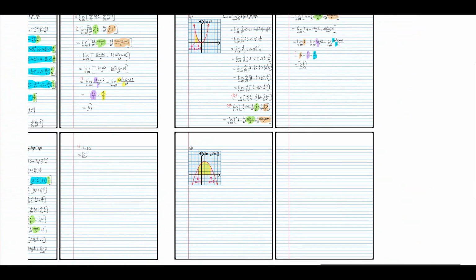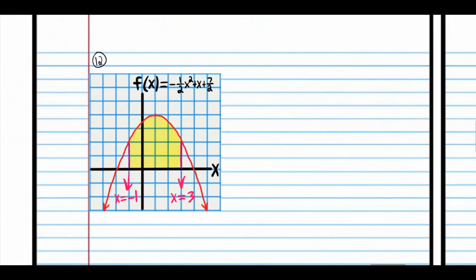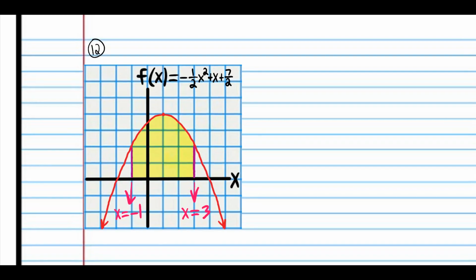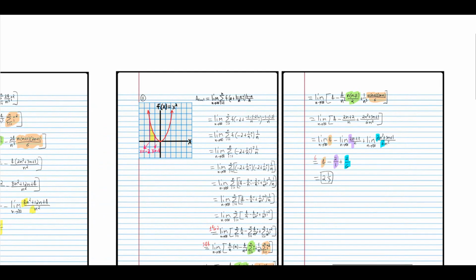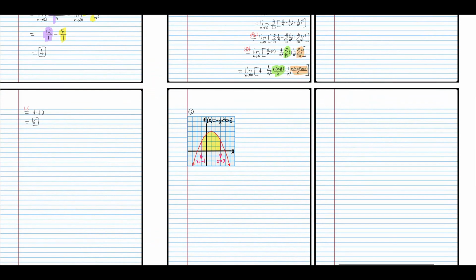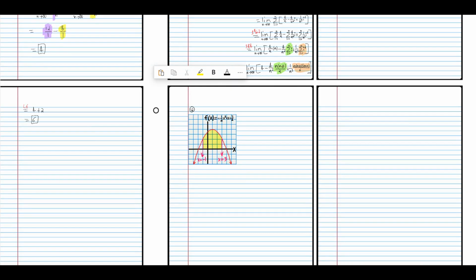Okay, so now I want you to try one more of these problems. This is the last problem for the class. And so I'm going to copy this for you. So there's your formula.